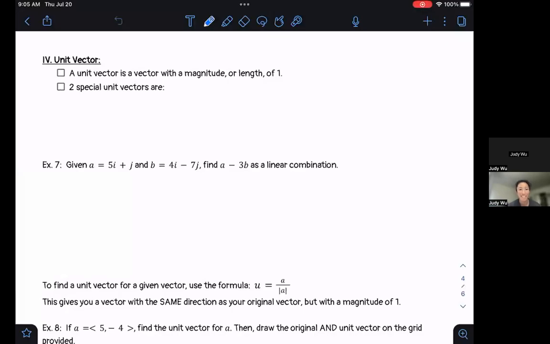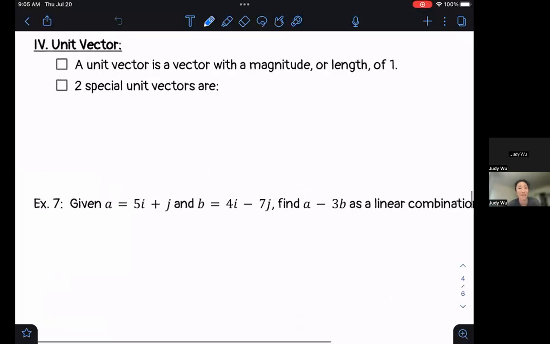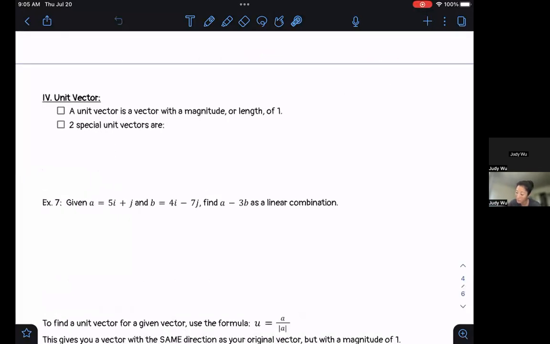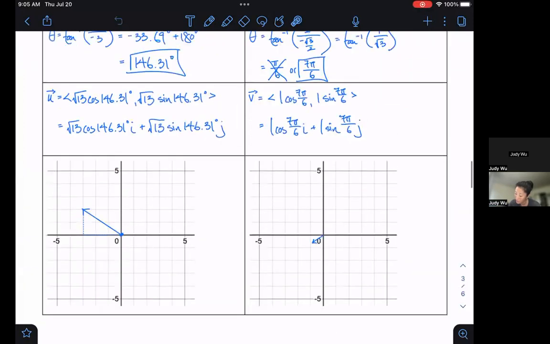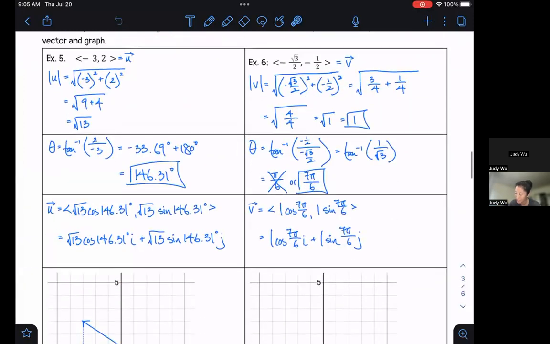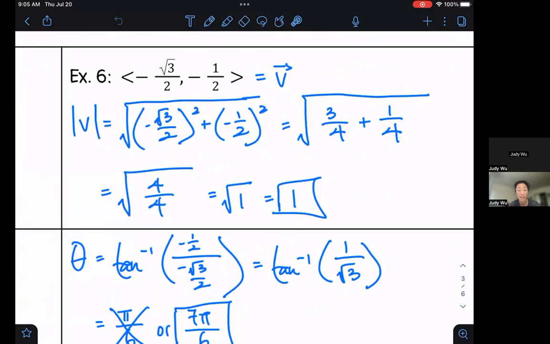Hi folks, welcome back to 8.8, and in this video we're going to talk about the unit vector, which is a special kind of vector. A unit vector is just a vector that has a magnitude of 1. If you recall from the previous video, we had an example where we had a vector v.